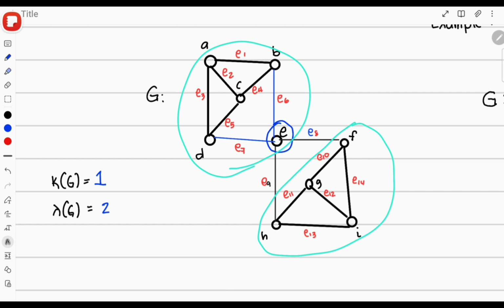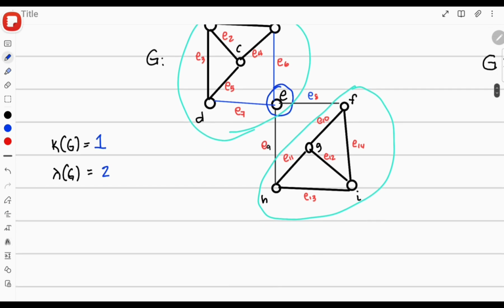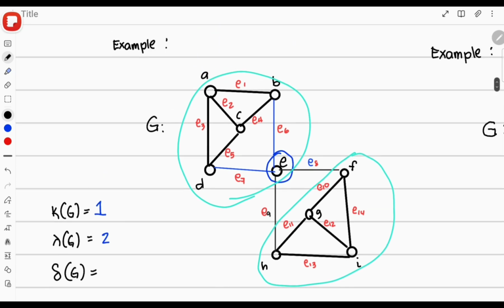And now let's find the delta of G. What is the smallest degree, which vertex has the smallest degree among all other vertices? Let's see, A is equal to 3: we have E1, E2, and E3.